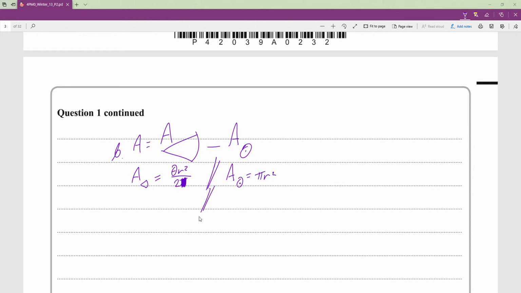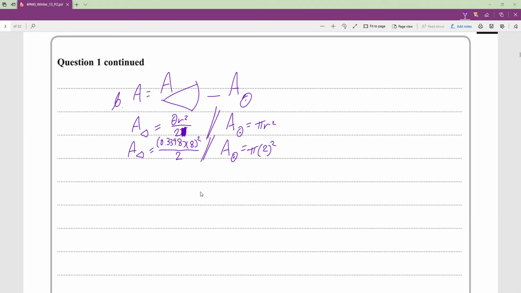Substituting in our values, the area of the sector is 0.3398 times 8 squared, because 8 is the radius of the sector in centimeters, over 2. And the area of the circle is pi times 2 squared, because the radius of this circle was 2 centimeters.